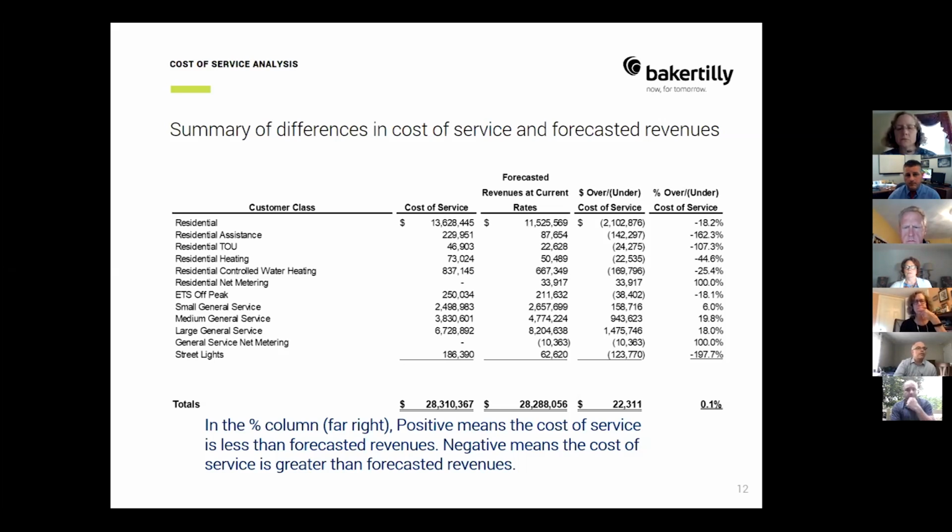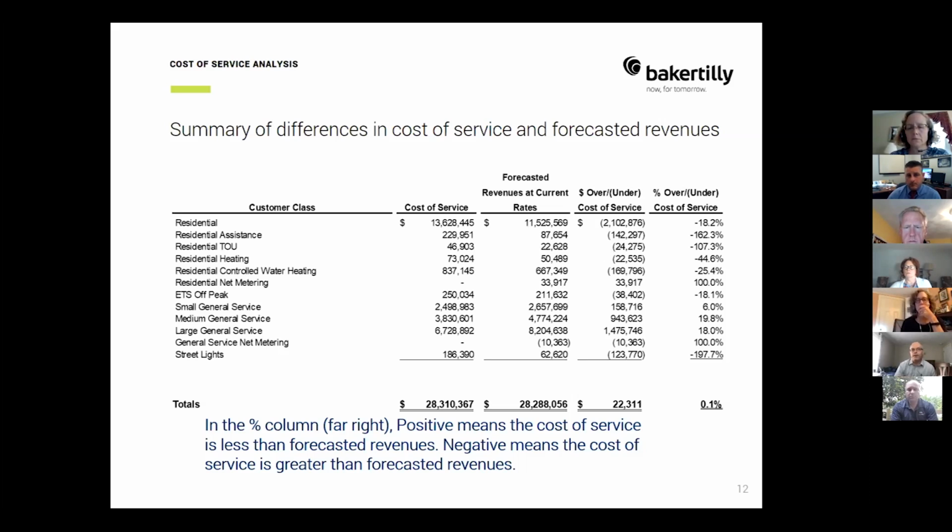But then, Russ, my question for you is, I noticed that on the next line, the residential time of use, the cost of service is 46.9 thousand. The rates only collect 22.6 thousand. There's a hole of 24,000, and that's a 100% hole.